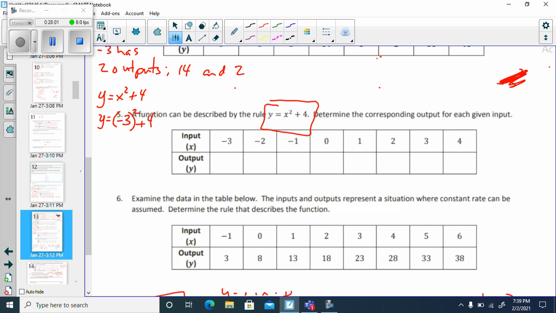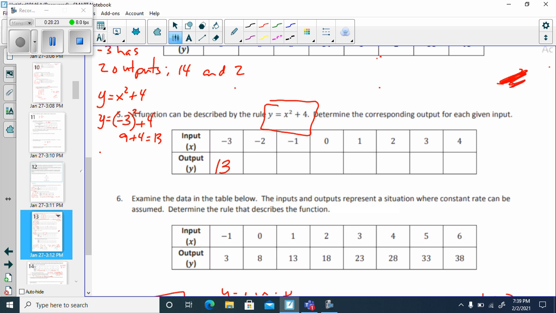That's not the way you want to put it in. In fact, try it and see if it works. Then, guys, make sure you put this in parentheses. Negative 3, and outside your parentheses, squared, plus 4. When you do that, you should get 13. Okay? That's 9 plus 4, which is 13.